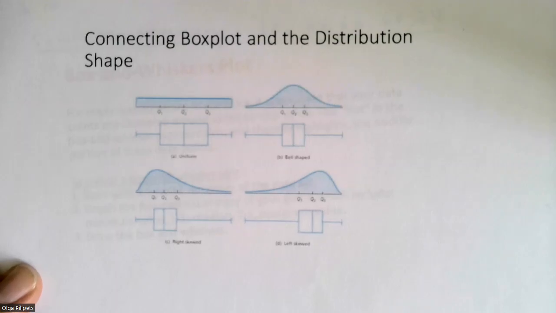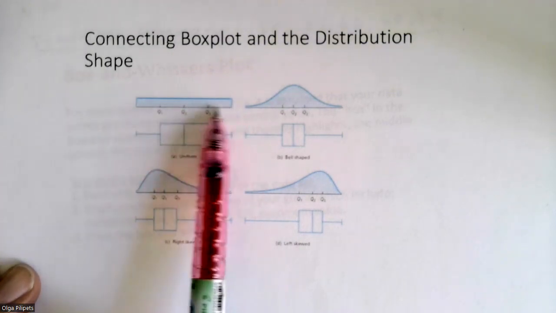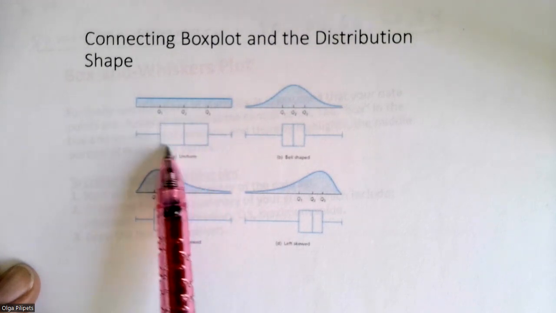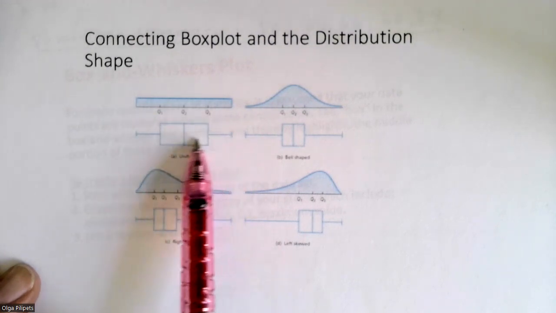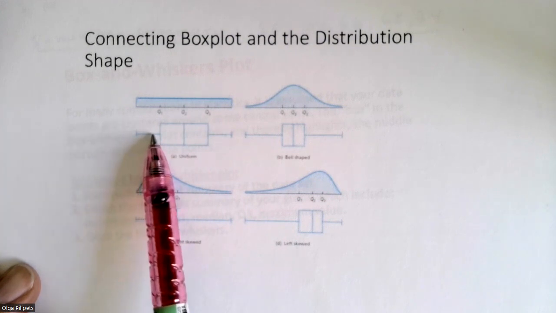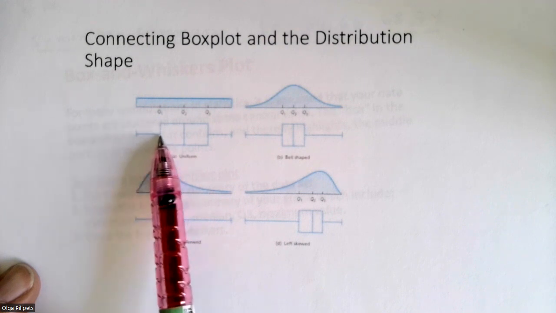So the box and whisker plot can tell us a lot about the shape of the distribution. For example, if we have a uniform distribution like this one, then our box and whisker plot will look, first of all, symmetric, and each portion of the plot is going to be the same width.